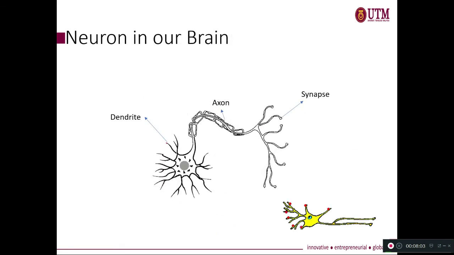So you have an axon from the other neuron. There's a neuron there. This is the axon from the other neuron, and then this neuron will have a synapse. That synapse is connected to the dendrite of this neuron.